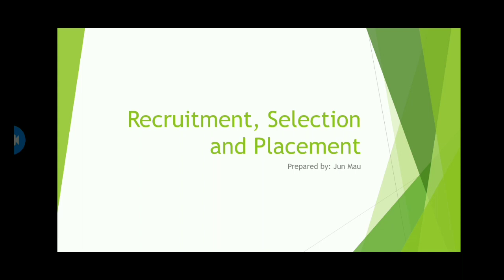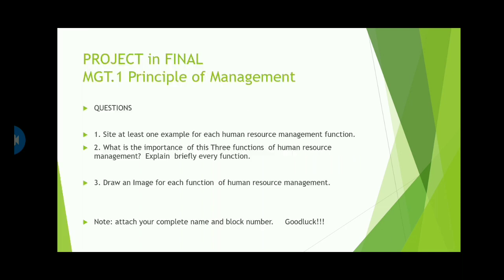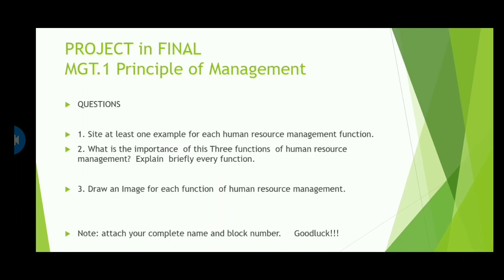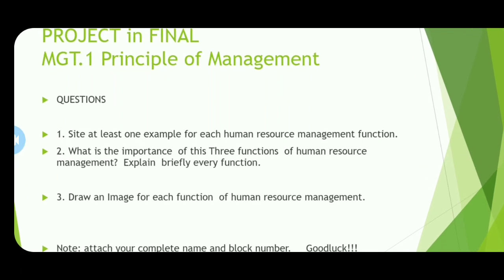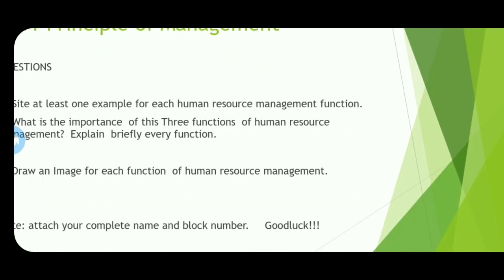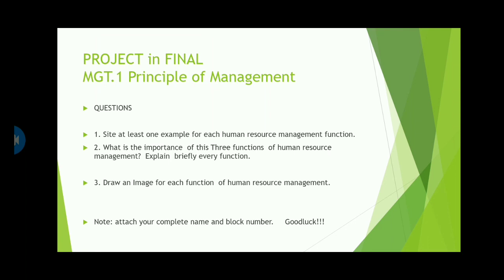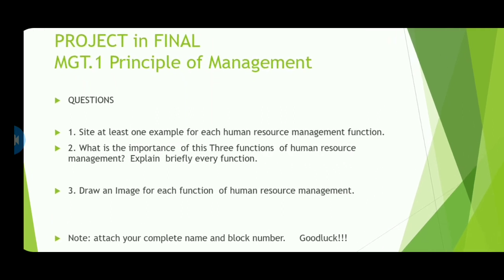allow me first to explain to you also the project in this subject, the final project, which is stated here. As you can see in the monitor, Project and Final, Management 1, Principles of Management. So we have three questions here.